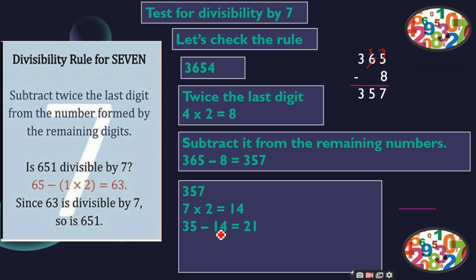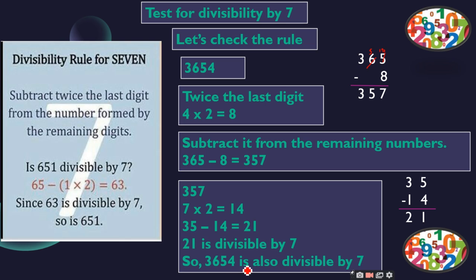So 35 minus 14 is equal to 21. Let's see the subtraction. 35 minus 14: 5 minus 4 is 1, 3 minus 1 is 2. 21. So 21 is divisible by 7. So 3654 is also divisible by 7.